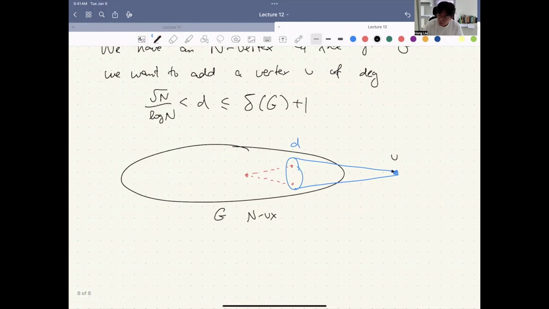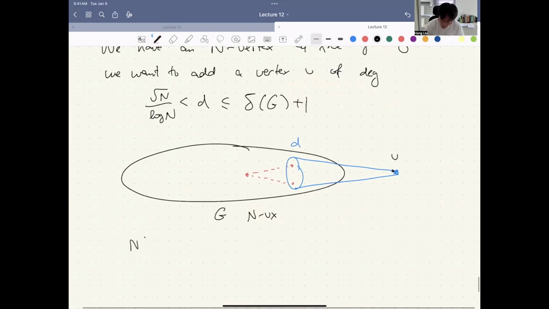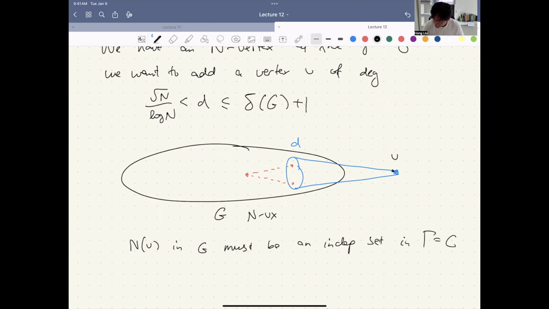So the neighborhood of V in G must be an independent set in this auxiliary graph gamma, which is the square of the graph G, meaning that you make two vertices adjacent when they are at distance 2.